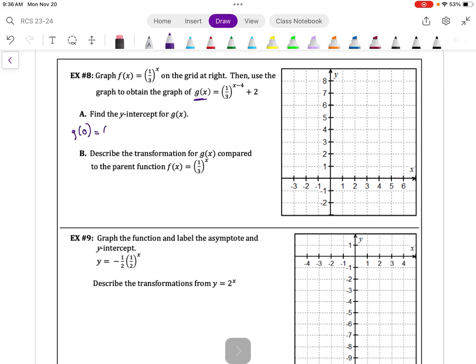And g of 0 would be (1/3) to the negative 4th plus 2. (1/3) to the negative fourth would be 81. It's effectively 3 to the fourth plus 2, so that would be 83.